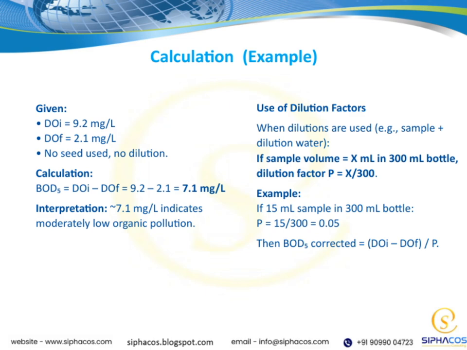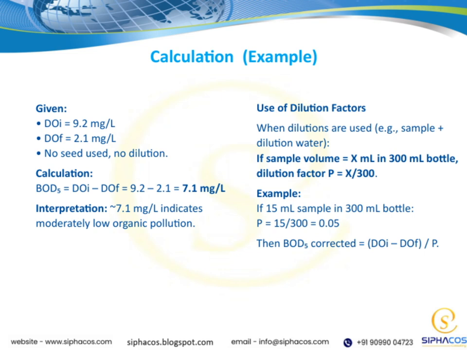Let's look at an example. Suppose our initial DO, DOI, is 9.2 mg per liter, and our final DO, DOV, is 2.1 mg per liter. If no seed was used and no further dilutions were made, then our calculation for BOD5 is straightforward. Subtract DOV from DOI, which gives us 9.2 minus 2.1, resulting in 7.1 mg per liter.